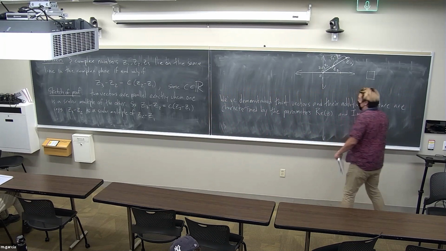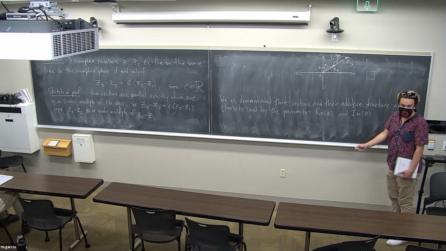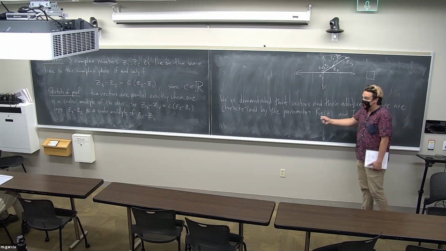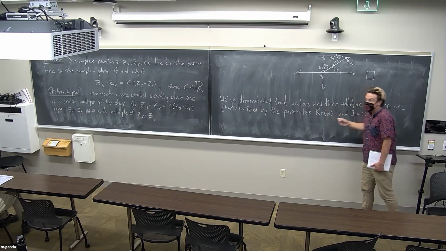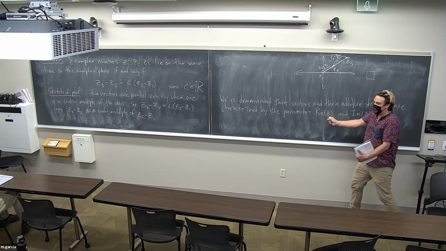Right? This is kind of a trivial restatement of what we've done. That is to say, vectors are characterized by two real numbers. We're forgetting just the i in z, and that characterizes vectors.